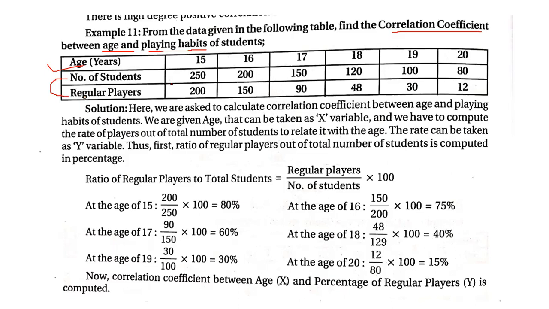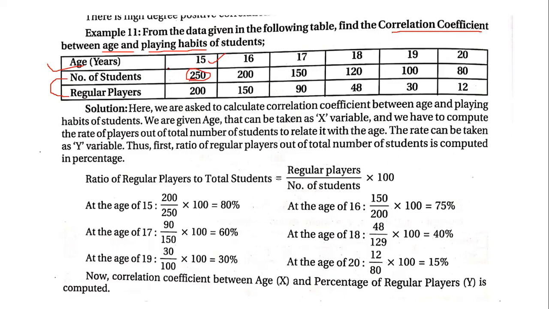So what they have given to us is, in a class, if there are 250 students in the age of 15, regularly who play are 200 students, and rest of them will not play. That is the understanding.